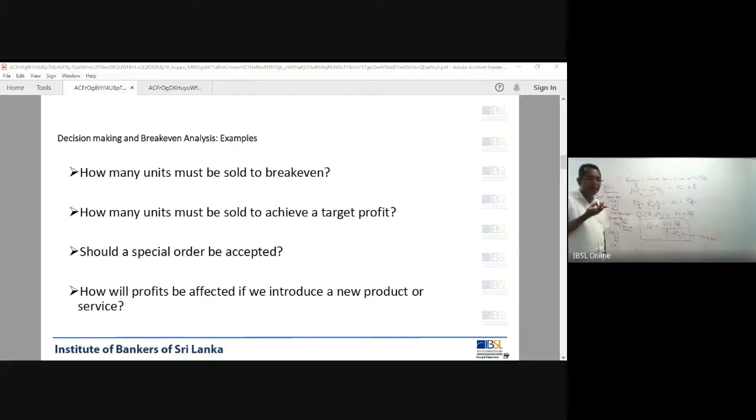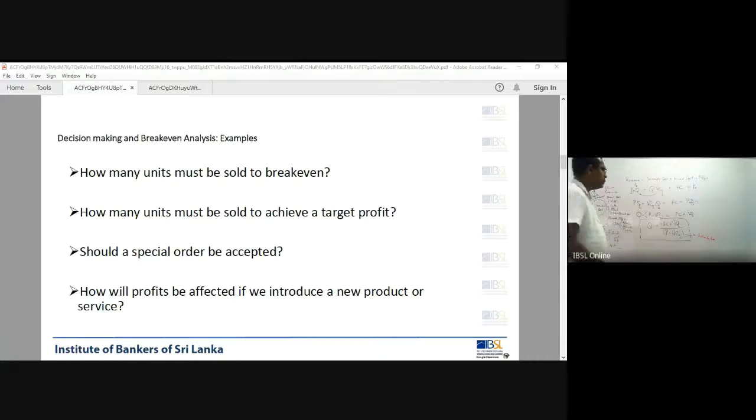That means the amount of money left to pay for the fixed cost, and if something more, it will go for the profit as well, right? The amount of contribution each unit will give towards the settlement of fixed cost. That is called contribution per unit, right?